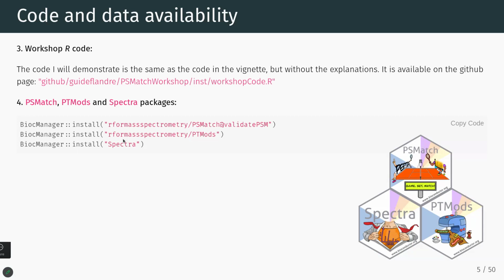And the GitHub repo is called RforMassSpectrometry/PSMatch, and then there's a special branch you need to take. It's the @validatePSM. So if you could do that, unless you've got the Docker image, then everything's already installed for you. So maybe I'll leave some time for you to load anything you want or take a picture to be sure.